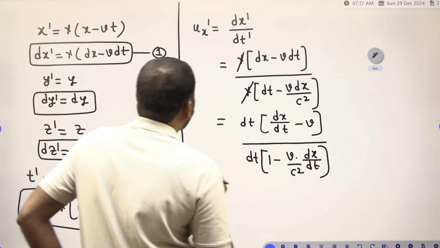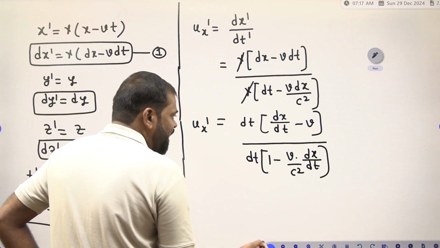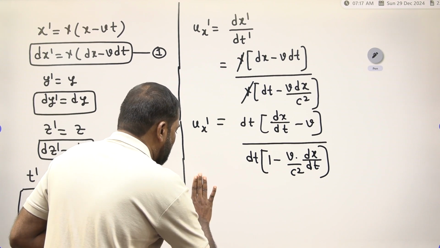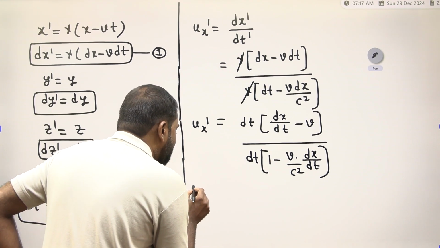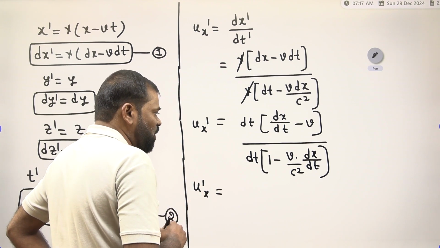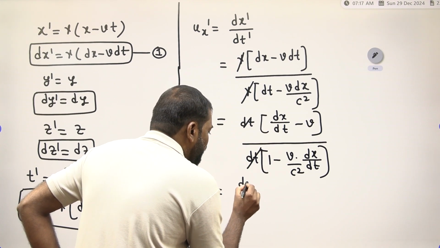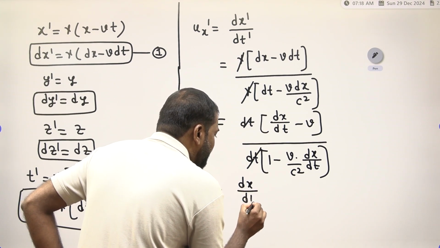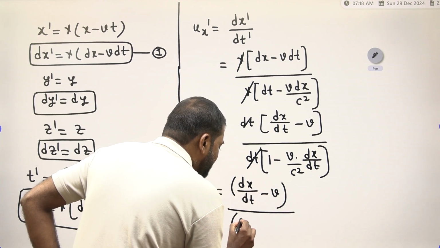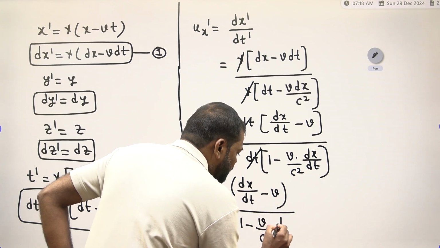So from this we write u_x dash is equal to, dt and dt get cancelled. Therefore, dx by dt minus v is divided by 1 minus v by c square into dx by dt.